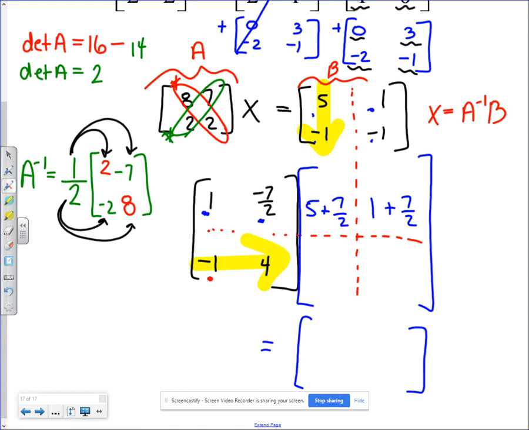Negative 1 times 5 is negative 5. 4 times negative 1 is negative 4. And slide this over. Negative 1 times 1 is negative 1. 4 times negative 1 is negative 4.